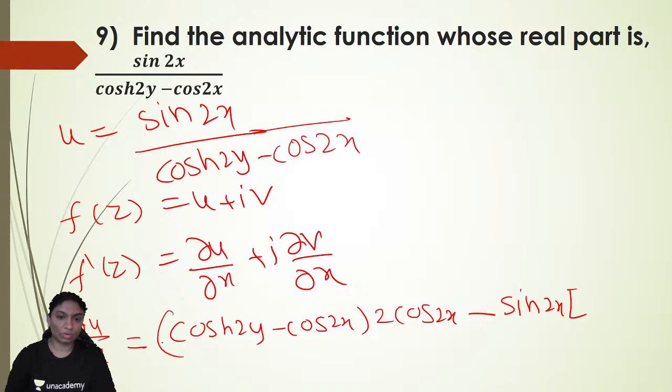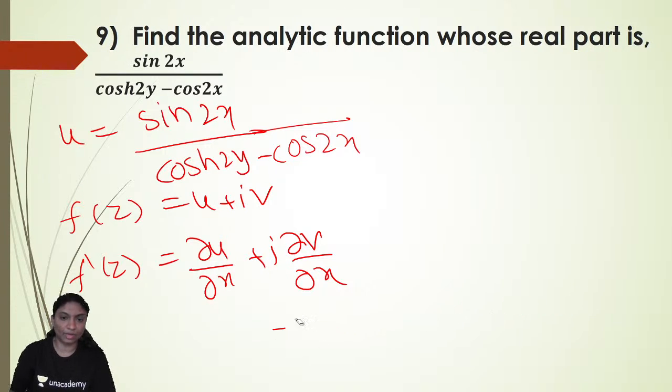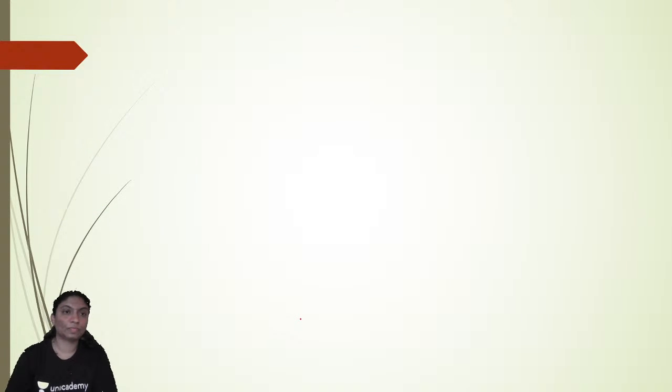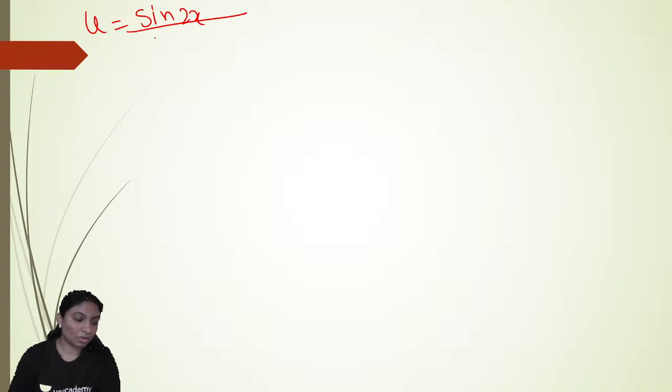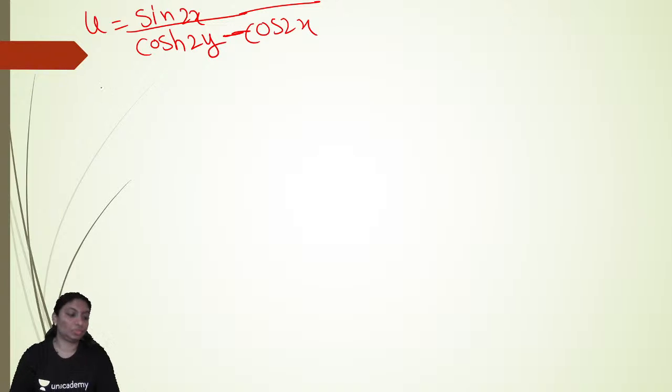So I will do it on the next page, so that it is very simple to calculate here. U is equal to sin 2x upon cos h2y minus cos 2x, right? Cos h2y minus cos 2x.